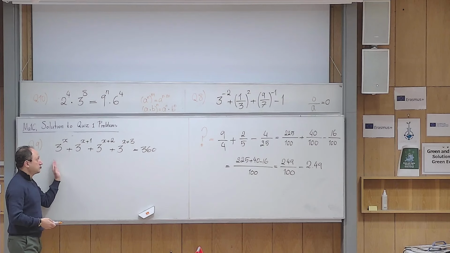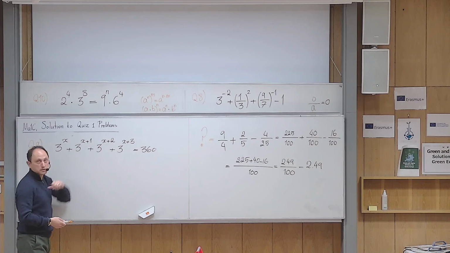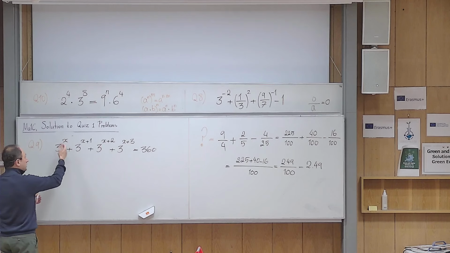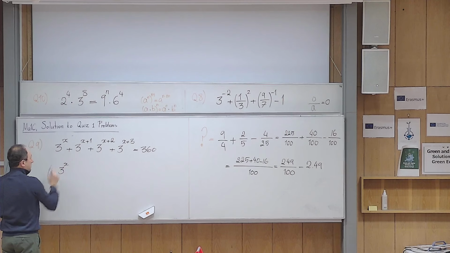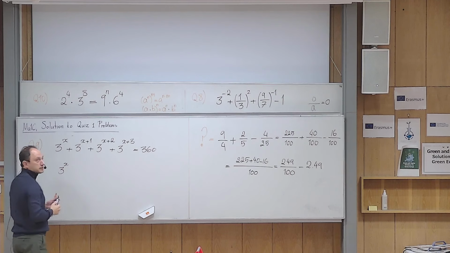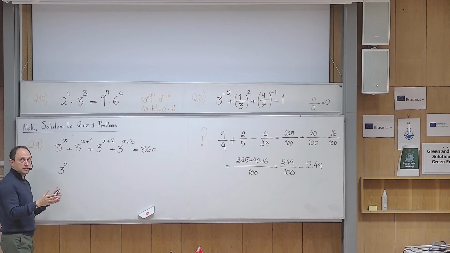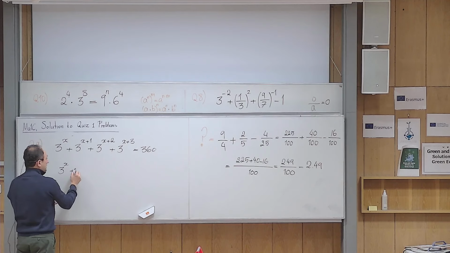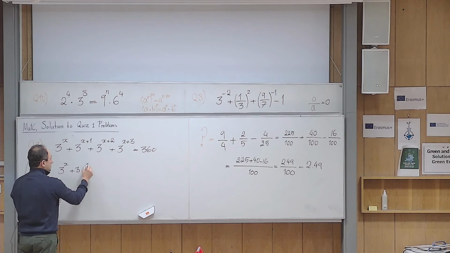So the first strategy, do you remember? The trick was to make the exponents the same, and that is immediately clear. So I will copy and paste the first part because this is the minimum exponent that I have, but 3 to the power of x plus 1, I want to break it into two parts so that 3 to the x appears. This is 3 to the x plus 1. So it is not hard to see that I can write it as 3 times 3 to the x.